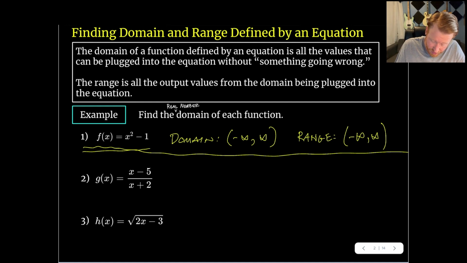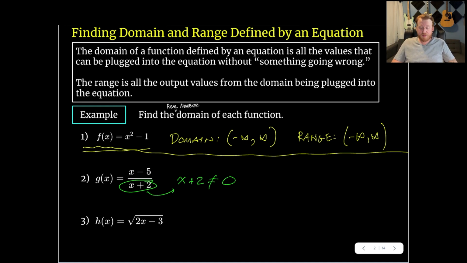And hopefully, you would be convinced that, just focusing on the denominator here, x plus 2 cannot be equal to 0. If x plus 2 was equal to 0, then we'd be dividing by 0, and that would be bad.